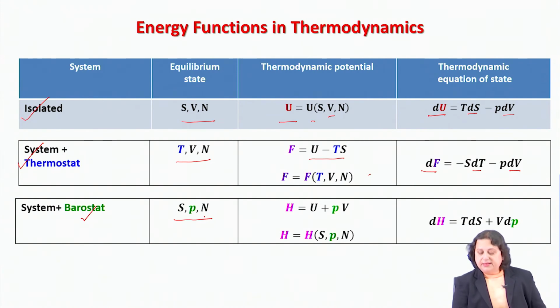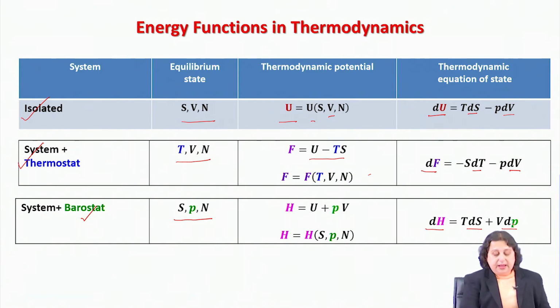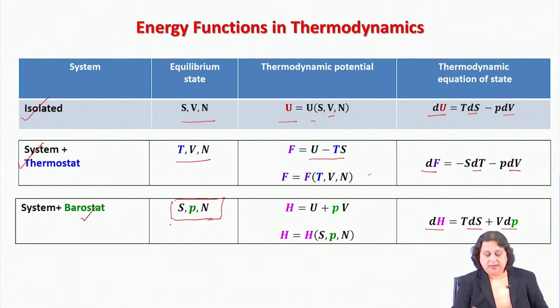And then I find that there is an energy function H such that dH depends directly on dS and dP. Therefore, when I am defining the equilibrium state of the system like this, the corresponding thermodynamic potential is H, or the enthalpy of the system.